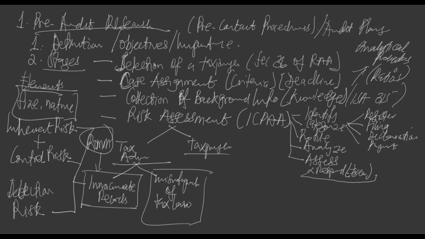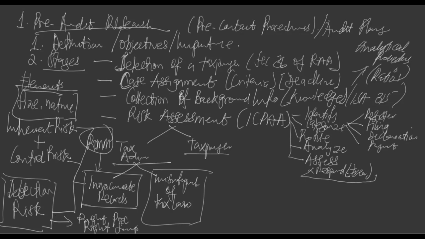But the ability of the tax auditor to detect this risk of material misstatement is what we call the detection risk. So it's either the tax auditor is not using the right procedures, and because of that he couldn't identify the risk, or he didn't use the right samples, because you can't test 100%.